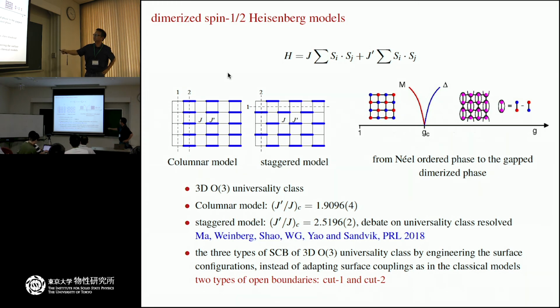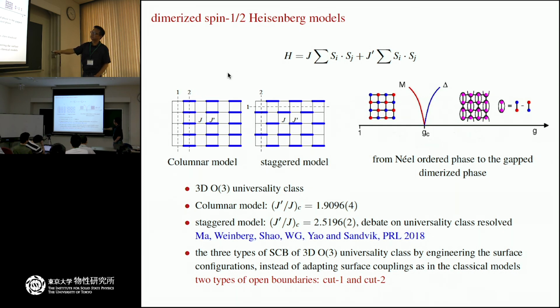If J prime and J are comparable, the system is in a Néel state. When J prime over J becomes large enough, a spin gap opens, and the system becomes a gapped, dimerized phase. So it is an ordered phase. And this transition is in the 3D O(3) universality class.